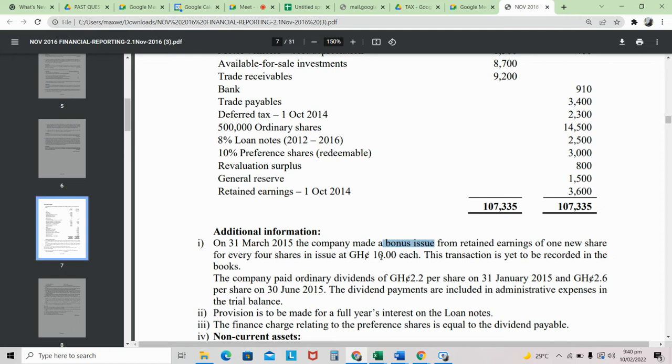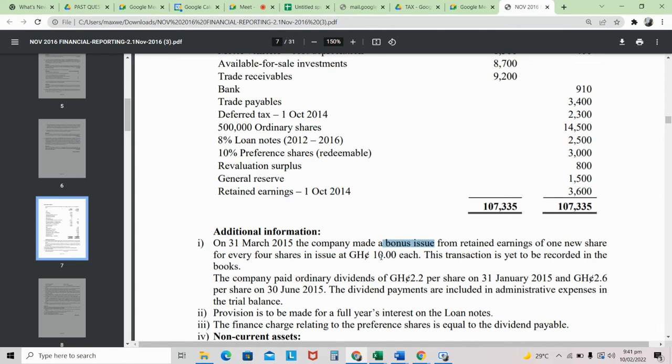So if you have done earnings per share, there are two types of share issue. We have bonus issue, and we have rights issue and issue at full market price. And if you've done earnings per share before, you know that bonus issue is like giving shares to existing owners free of charge.